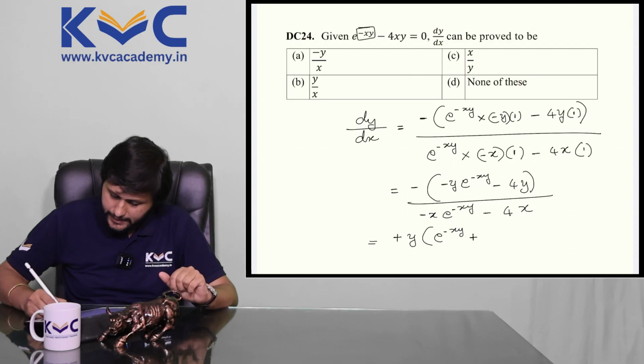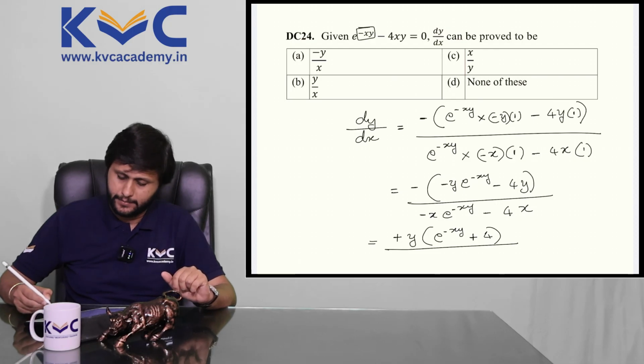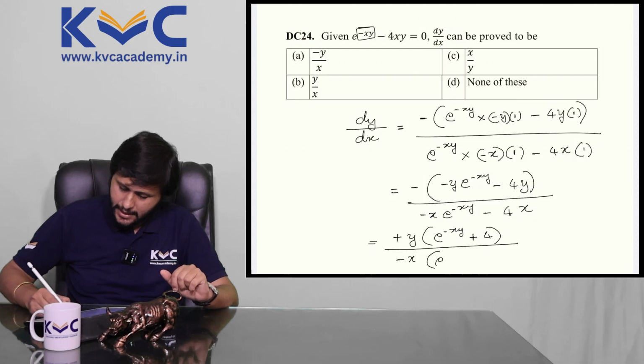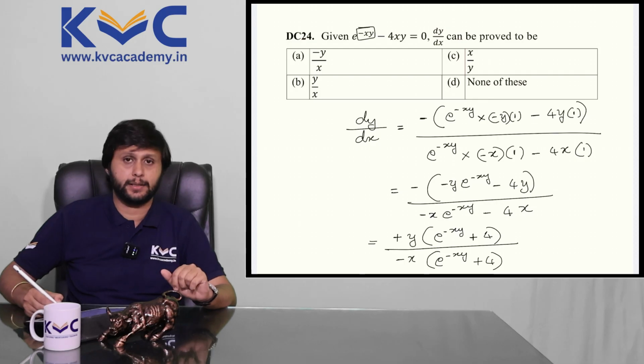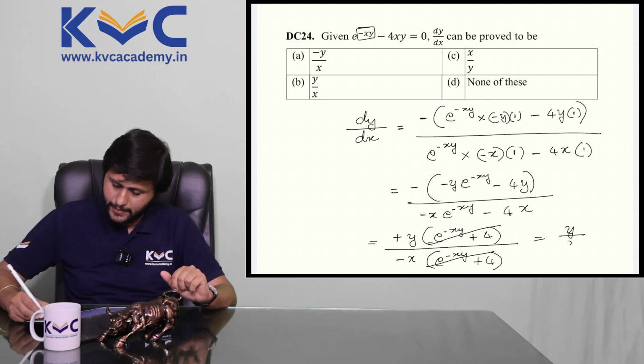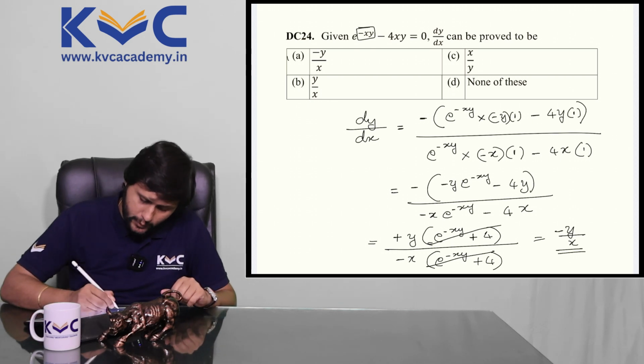Fine, and we have plus sign over here. Y is taken, 4 remains inside. All divided by, oh, we might have to take minus sign here also outside, so we have minus x outside, and we have e to the power minus xy plus 4 inside. Cancels, what remains is y by x, minus sign is there, so minus y by x.